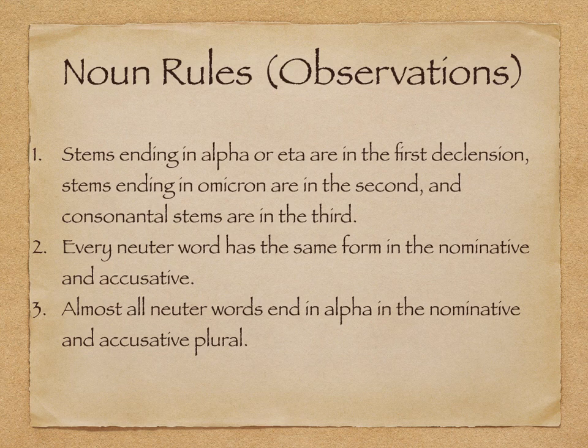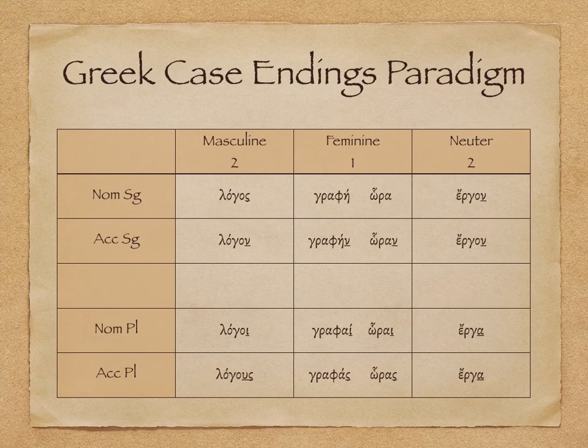Number 2, every neuter word has the same form in nominative and accusative. We saw that just a moment ago. Number 3, almost all neuter words end in alpha in the nominative and accusative plural. So these will be evident as you look back here at this chart. You see each of those rules right here.